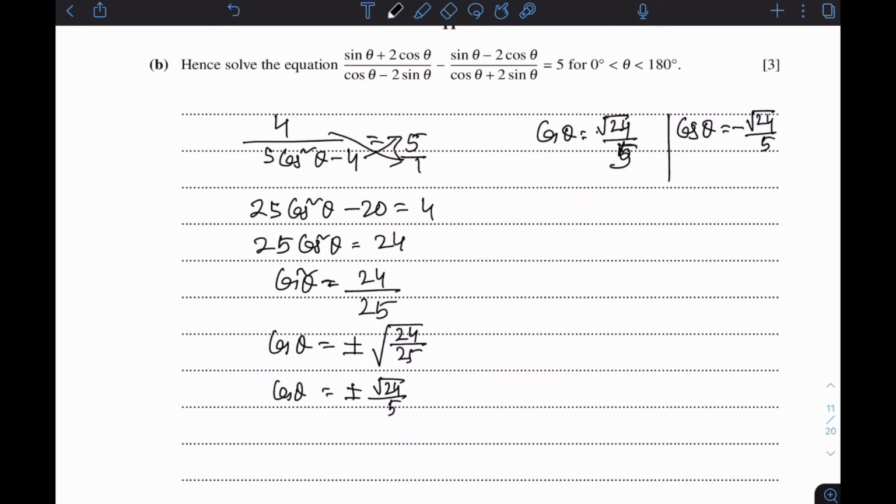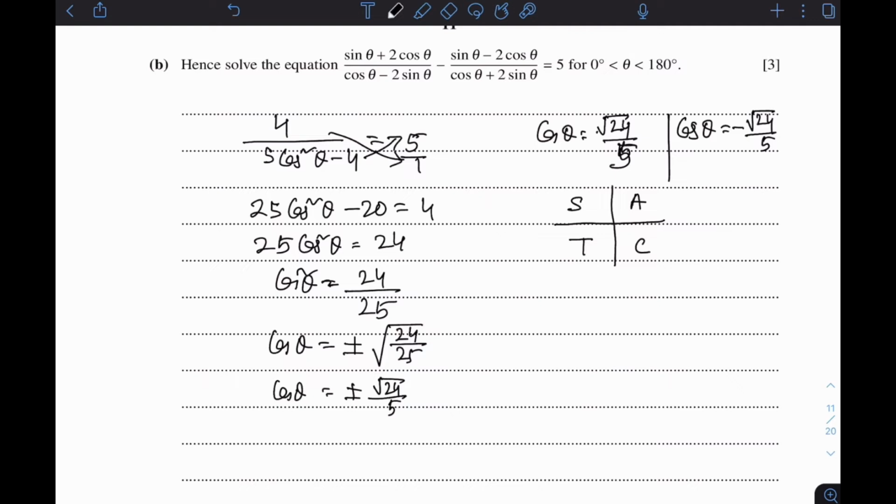0 to 180, that means if we draw the quadrants, we can remember it as 'Add Sugar To Coffee'. A is responsible for all of sine, cos, tan, cot, sec, cosec.